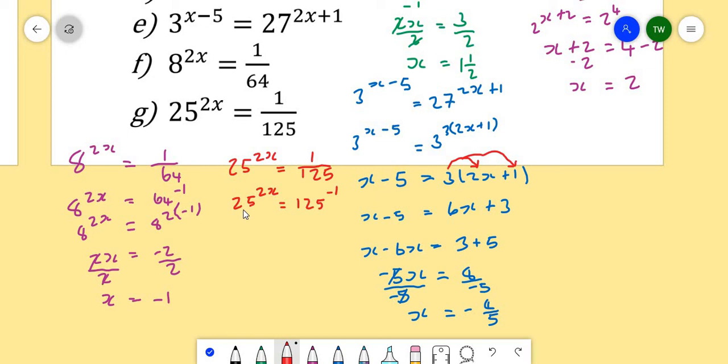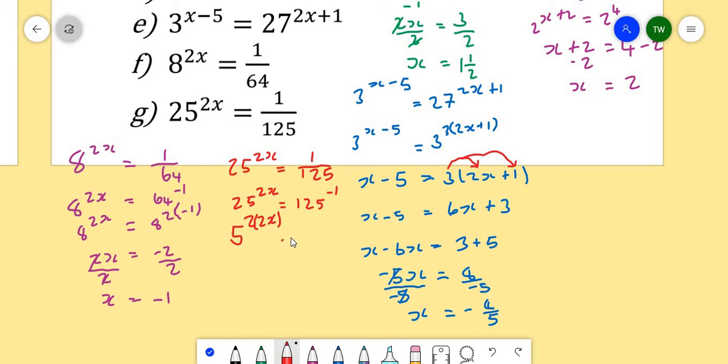We can rewrite 25 as 5 to the second power. So let's do that. So 25 here is the same thing as 5 raised to the second power. But this 2 must multiply the power that we originally started out with, which is 2x. So introduce a bracket and we'll put 2x in there and close our bracket.